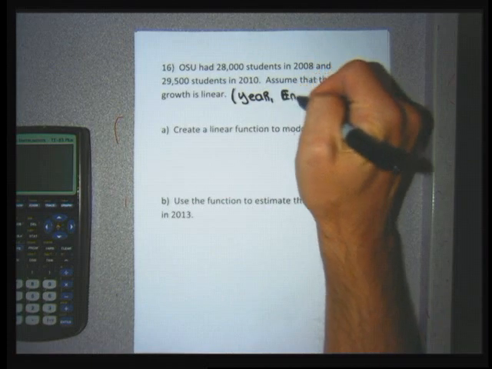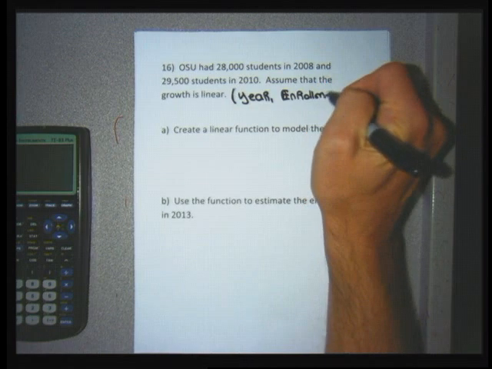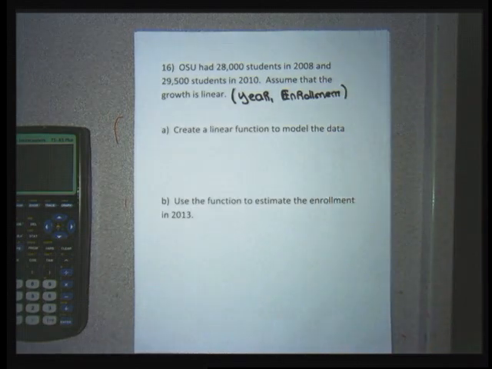I'm going to call the x the year, and the y the enrollment, or the number of students. It wouldn't be wrong if you said the y is the year, because y and year fit, and the x is the enrollment. Although it wouldn't be wrong, usually if there is a year and then something that results in that year, the year is the x.